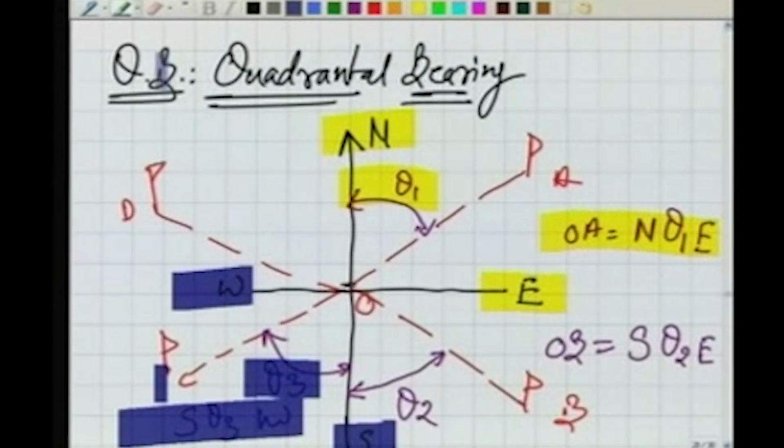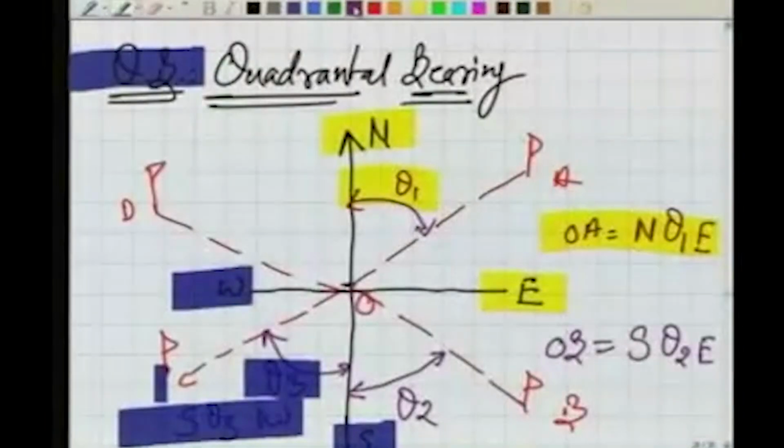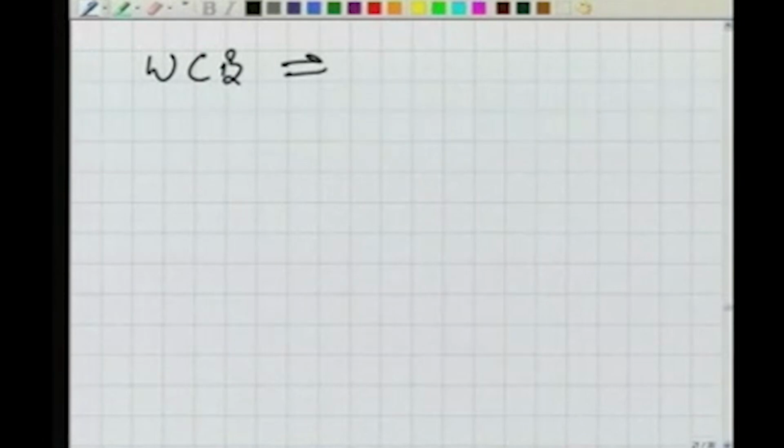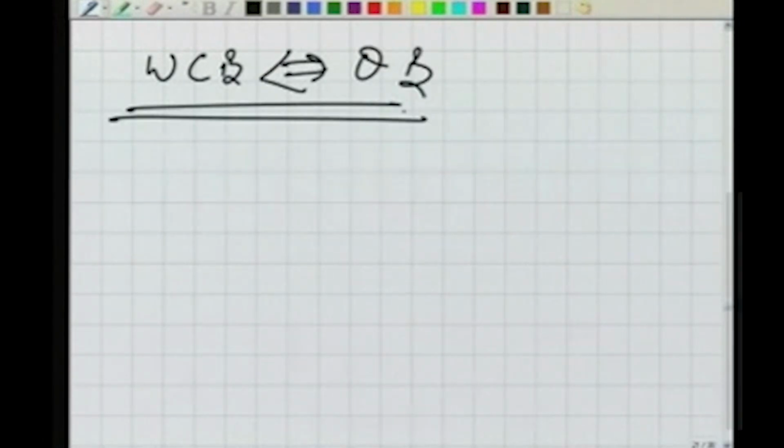So this is why we are writing it this way. This is another system of writing the bearings, and as is obvious, you can make use of these bearings and convert WCB to QB and vice versa. If you know the values in any of the systems, you can convert it as a simple conversion.